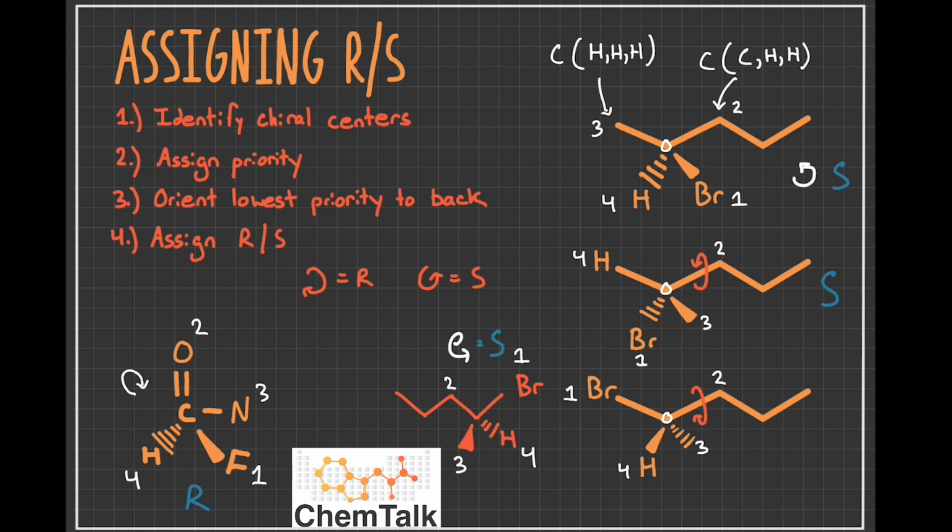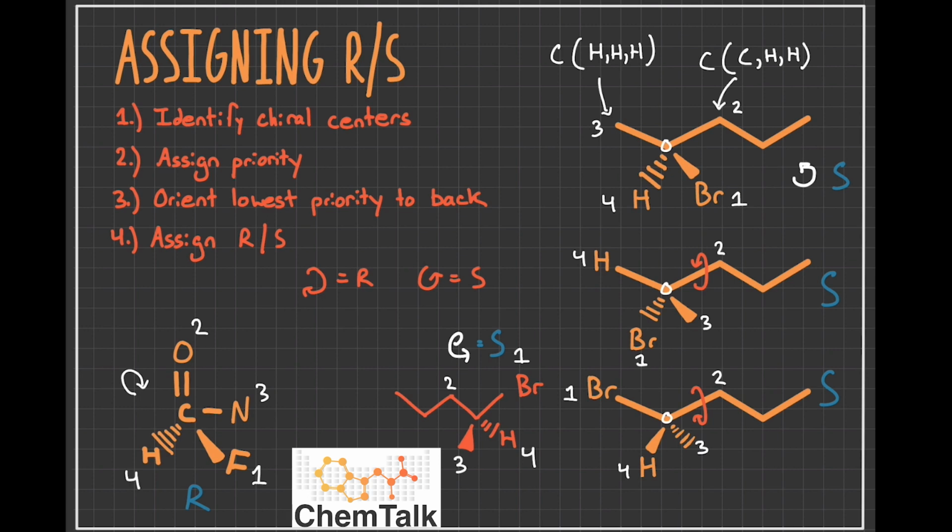In scenarios like this, when the lowest priority substituent is in the front, as in the bottom right molecule, a common and popular trick is to assign R or S to the substituents 1, 2, and 3 with the lowest priority molecule in the front, so we leave it as it is, and then switch the letter.